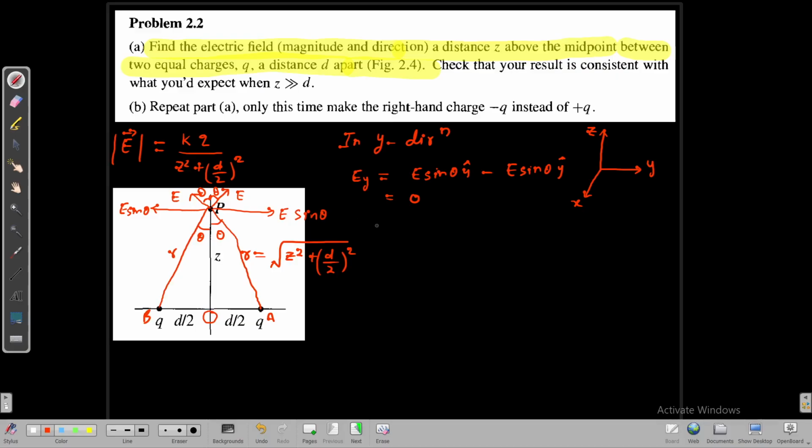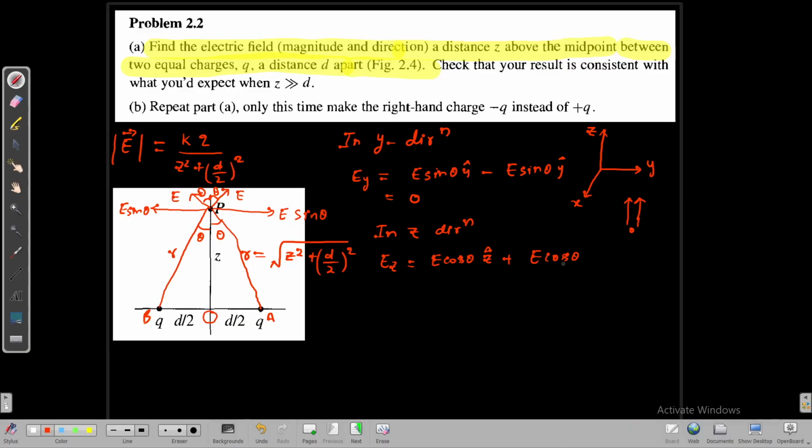Now coming to the z direction. In the z direction at point P, if I make components, I will have two components, but they will be in the same direction. So let me write, in the z direction, E z is equal to E cos theta z cap plus E cos theta z cap, again the same component because both angles are equal.